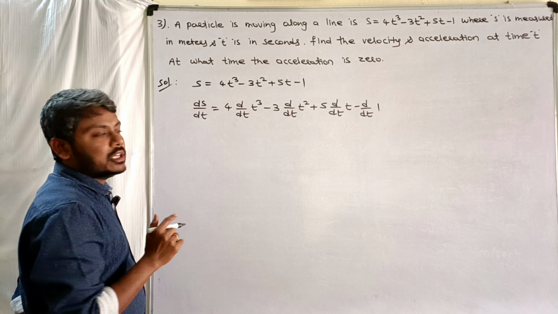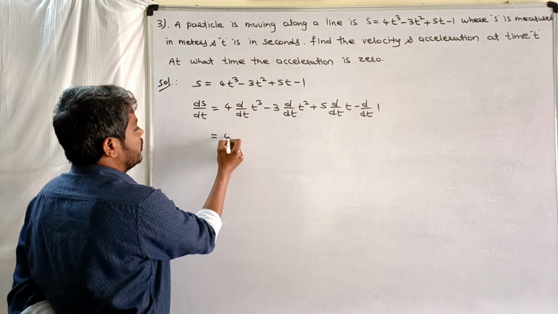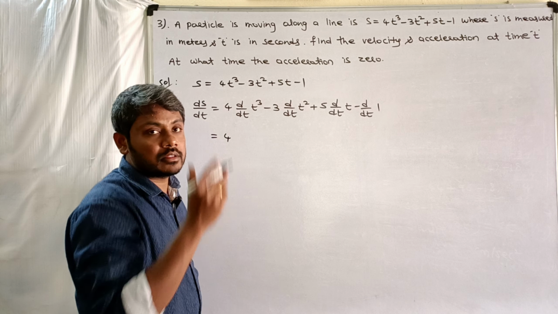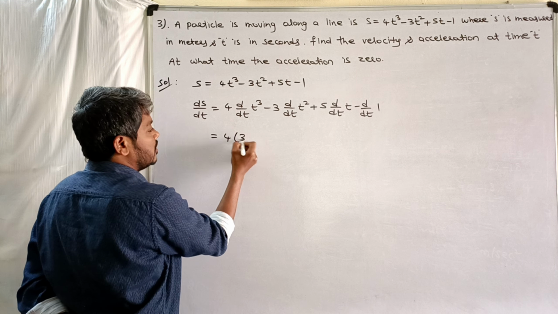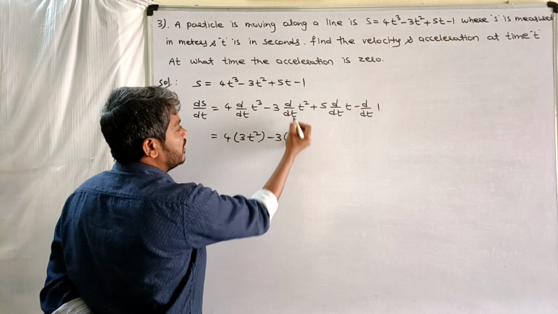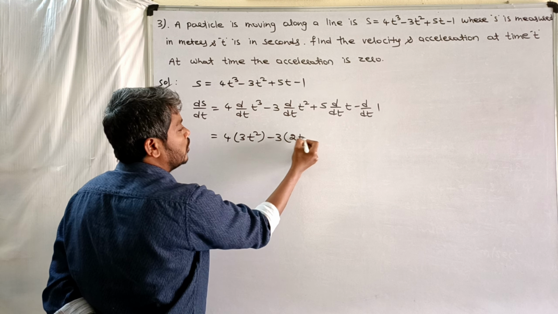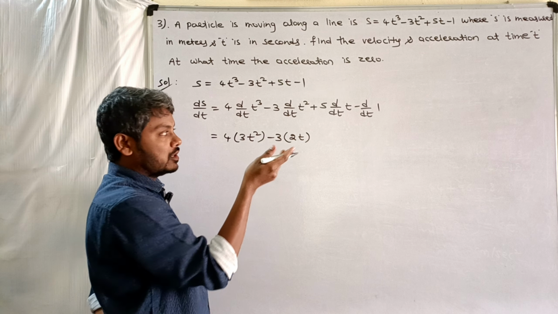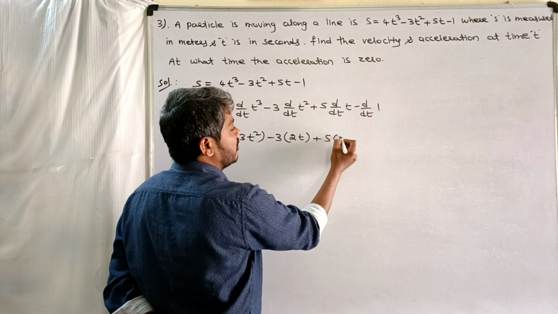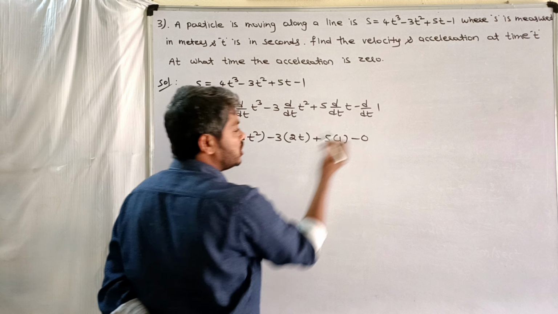Differentiate individually. 4 into derivative of t cube, that is 3 into t power 3 minus 1, so simply 3t square, minus 3 into derivative of t square, 2 into t power 2 minus 1, that is 2t, plus 5 into derivative of t, 1, derivative of constant 0.